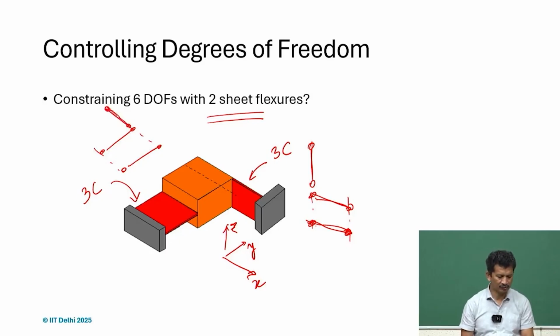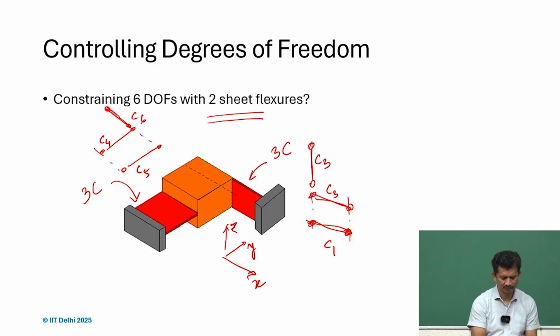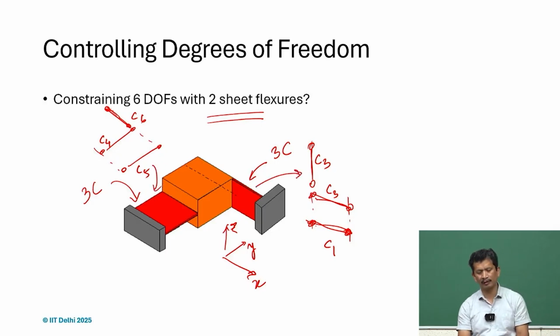So, we can name them C1, C2, C3, C4, C5, C6. So, one plane, another plane. This is the horizontal plane and this is the vertical plane.